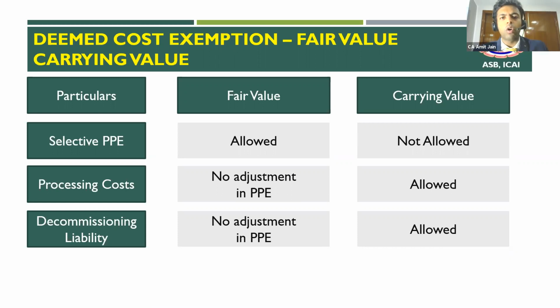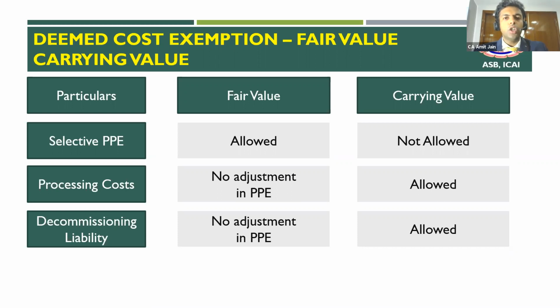That net block will become the gross block as on 1st April 2018, that means on the transition date. That means accumulated depreciation will be nil and impairment loss will be nil as on 1st April 2018, the transition date.